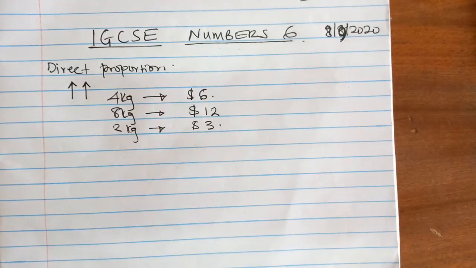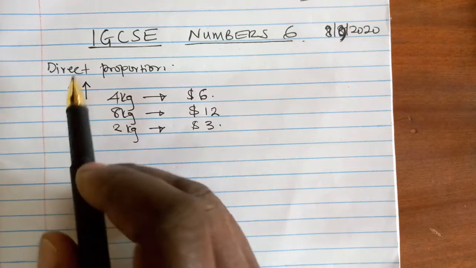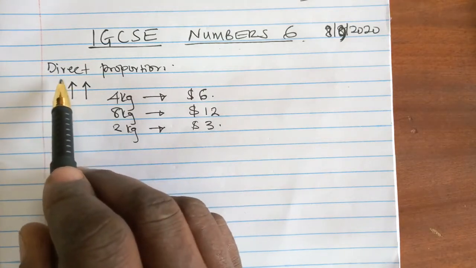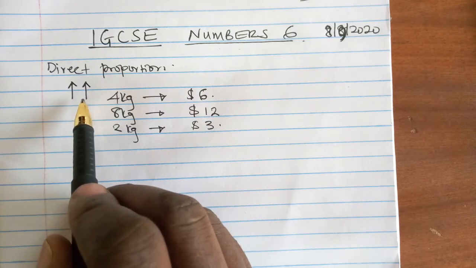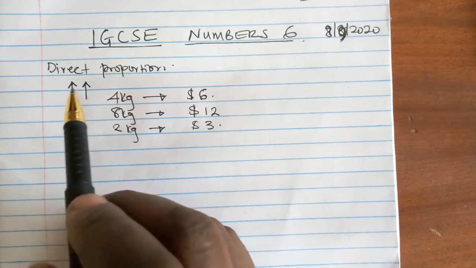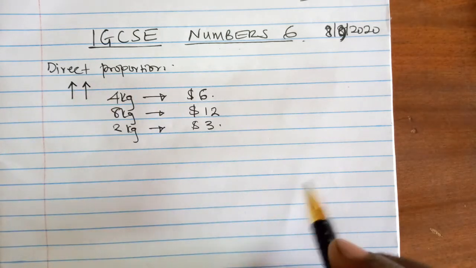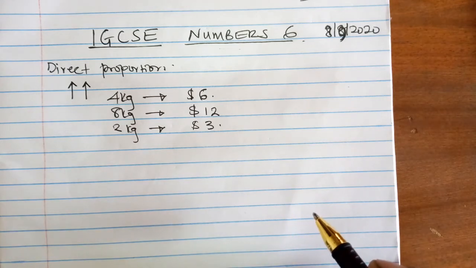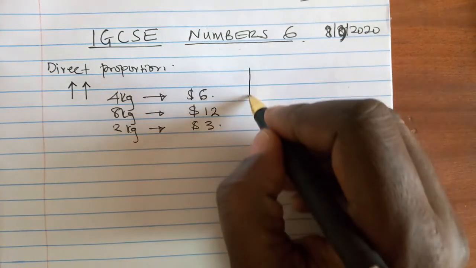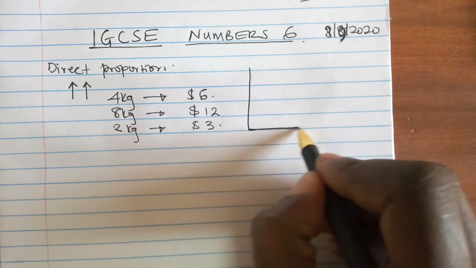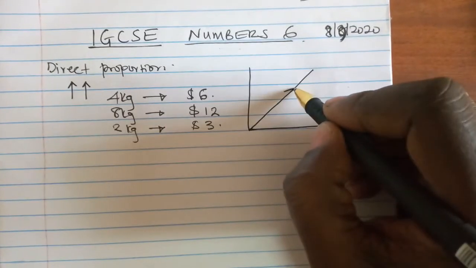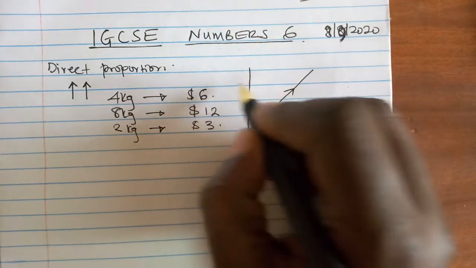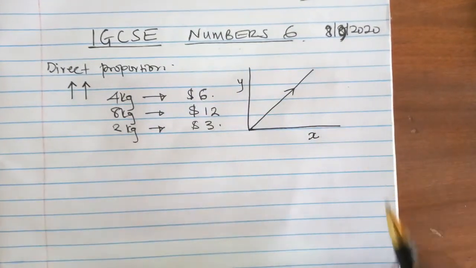But of most importance, remember that in direct proportionality, when one quantity increases, the other quantity increases at the same rate. That is why we say that direct proportionality forms a graph that looks like this. It starts from the origin. This is the y, and this is the x as variables.